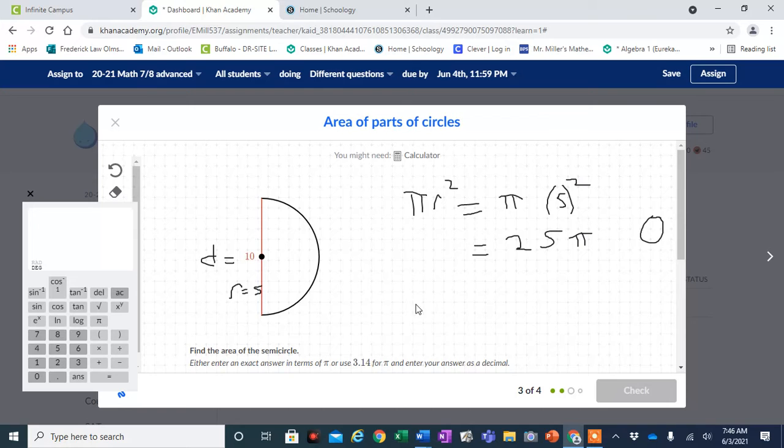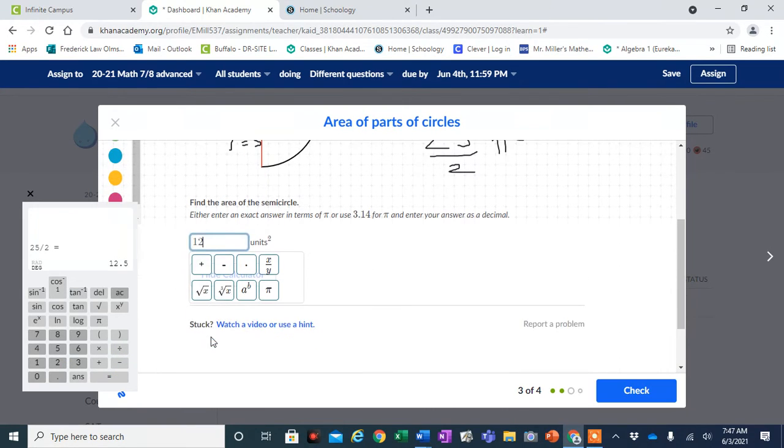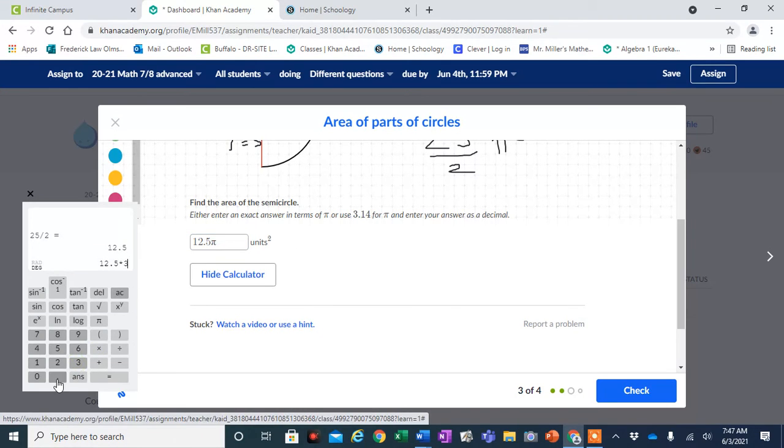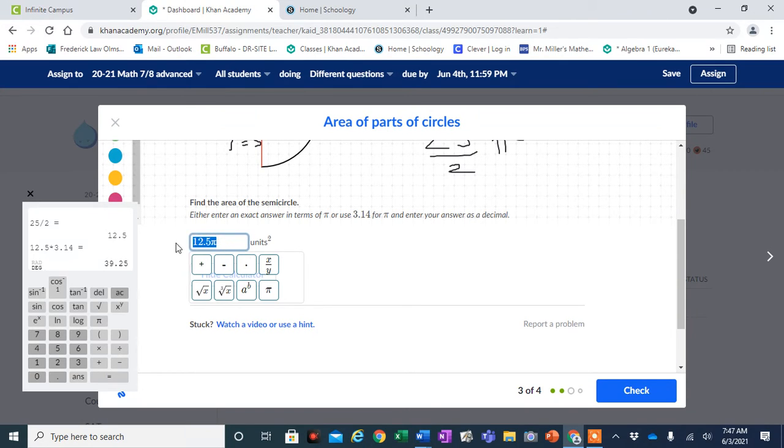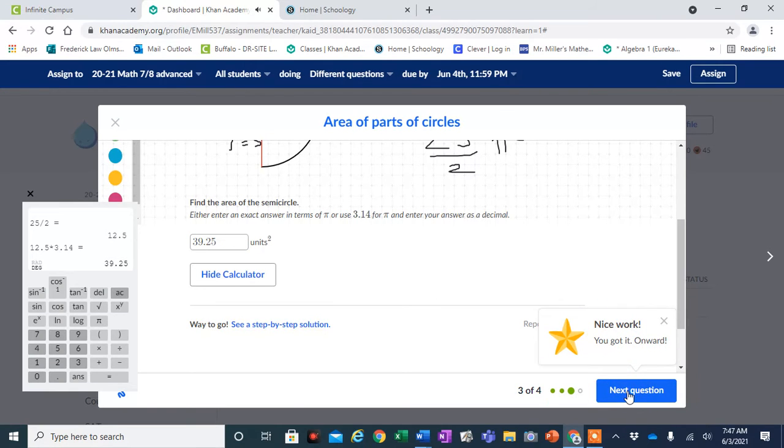We have half of a circle, so we take 25 and divide it by 2, and keep the pi symbol. 25 divided by 2 is 12.5, and then we keep the pi symbol. If you wanted to multiply by 3.14, you would get 39.25, just to show that it works. They would take that as well.